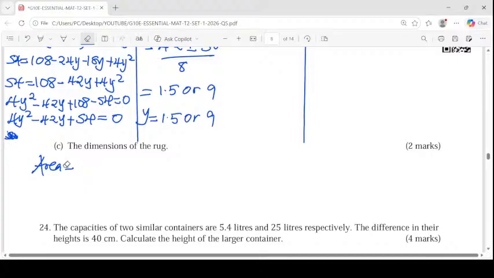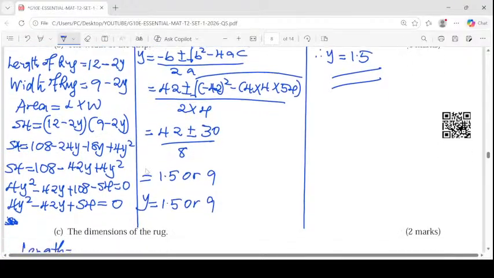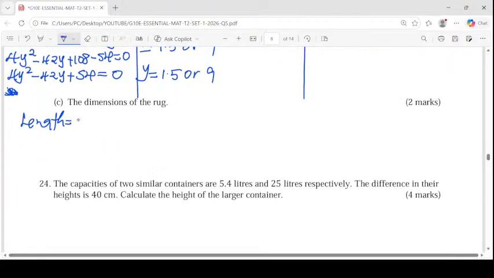Our length will be given by 12 minus 2y. That is 12 minus 2 times 1.5, which is 12 minus 3, that is 9 meters.